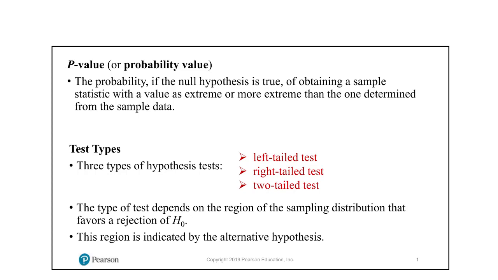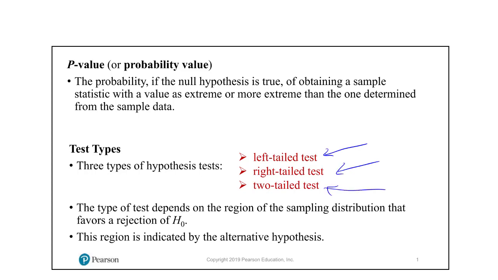There are 3 different types of tests that we carry out. They're all done in a similar way, with slight differences in how we use the p-value. There's the left-tailed test, the right-tailed test, and the two-tailed test.